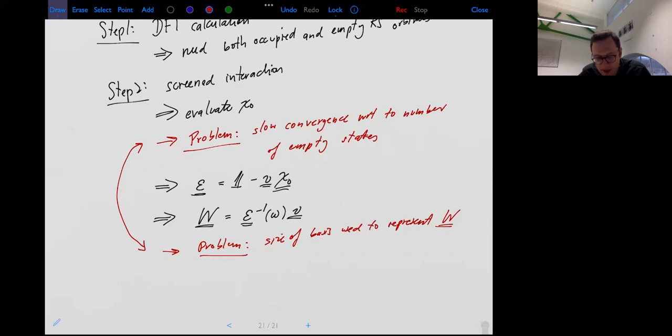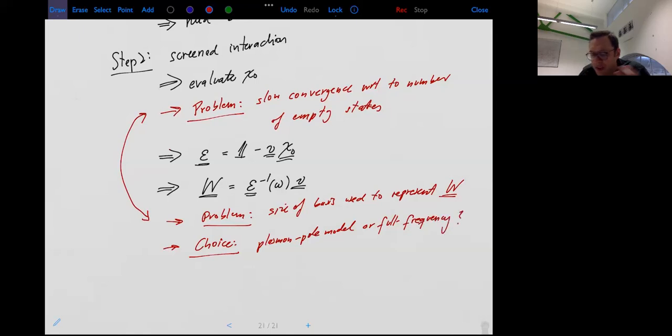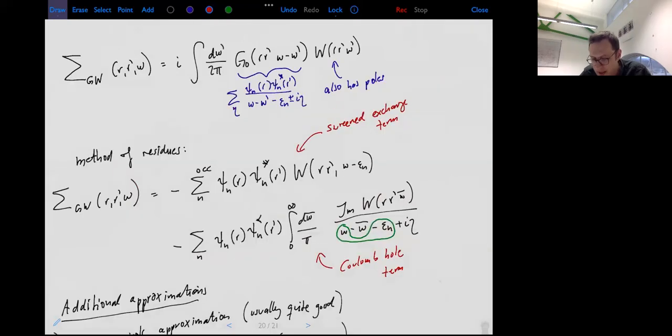Okay, so now we have the screened interaction, hopefully converged. Again, you would have to make a choice though. Typically, it is a choice between a plasmon pole model or a so-called full frequency calculation. Full frequency means no plasmon pole model, and you would have to do the frequency integral in the Coulomb hole term numerically.